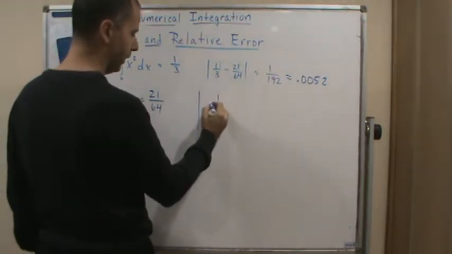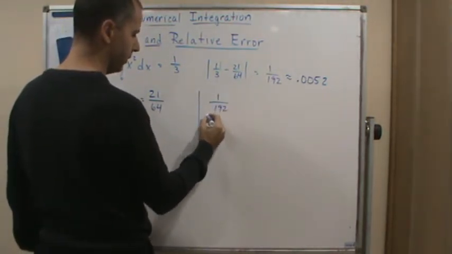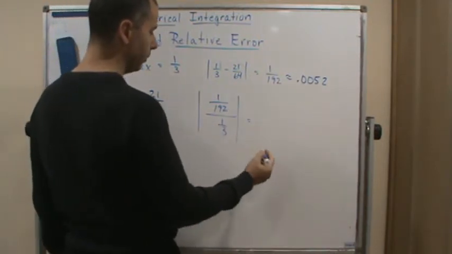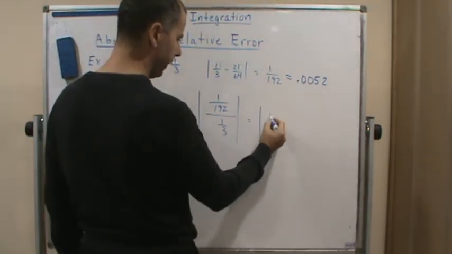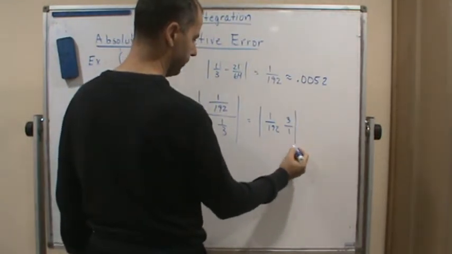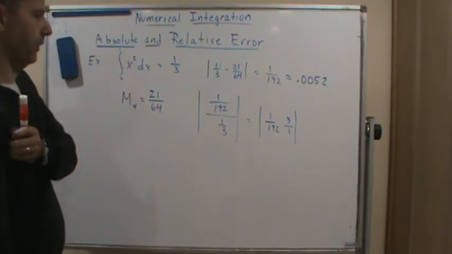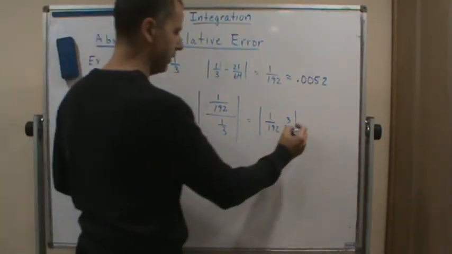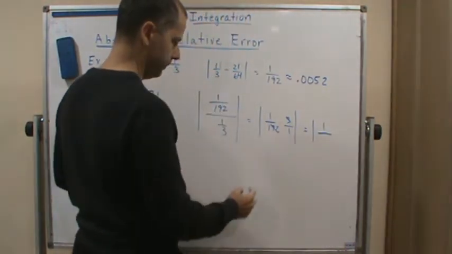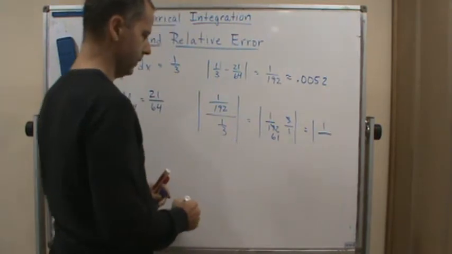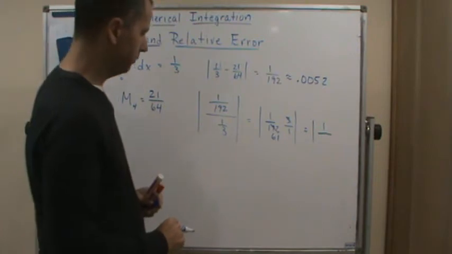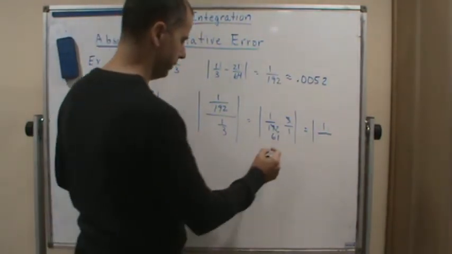So it'd be 1 over 192 divided by 1/3, which would equal the absolute value of 1 over 192 times 3, which gives us the absolute value of what? One over 61? Is that right? Nope, 64.